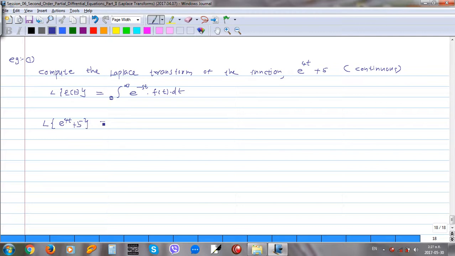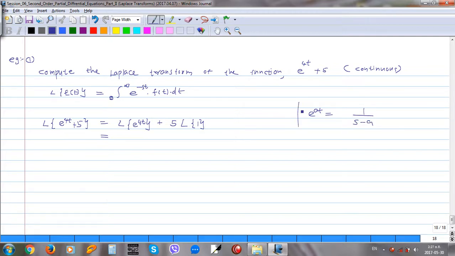I can write separately then. L{e to the power 4t} plus L{5}, where 5 is a constant, so 5 times L{1}. If e^(at) is there, L is 1 over s minus a.